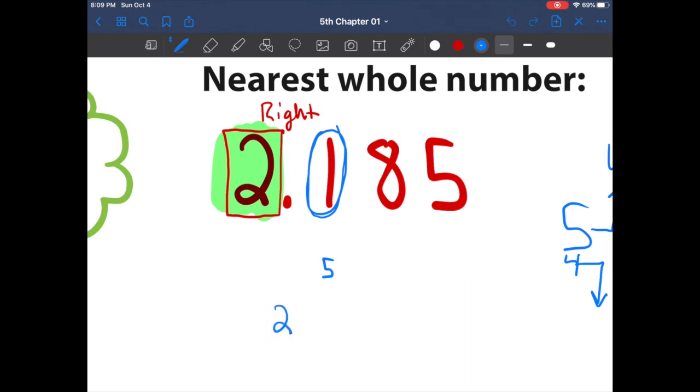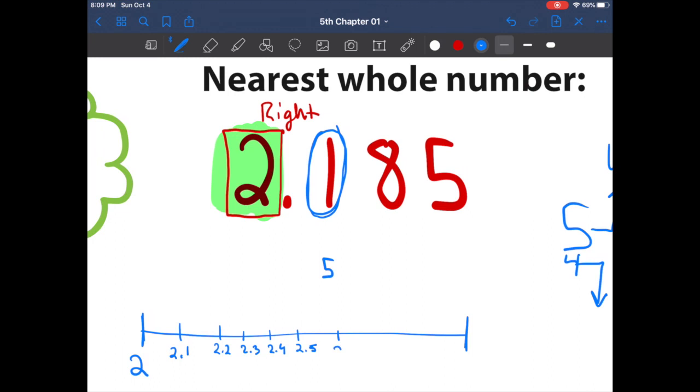Now let me give you guys an example on a number line. So if I have 2 and then I have 2.1, 2.2, 2.3, 2.4, 2.5, 2.6, 2.7, 2.8, 2.9. The next whole number would be 3, right?